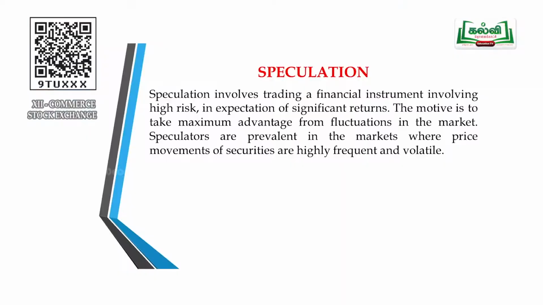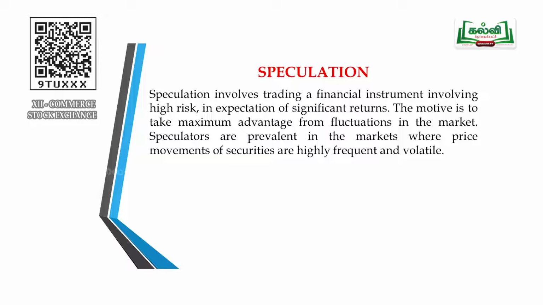The motive is to take maximum advantage of fluctuations in the price in the market. Speculators are always prevalent in market conditions where price movements of securities are highly frequent or volatile. So it is called speculation.